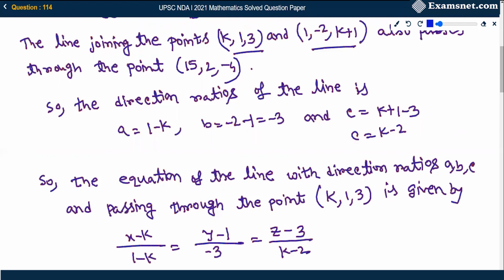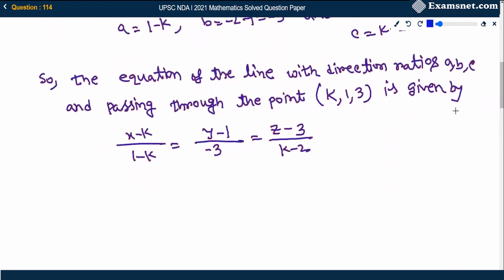This is the equation of the line, and it is given that the line represented by this equation also passes through the point 15, 2, -4. Let's say this is equation number 1.